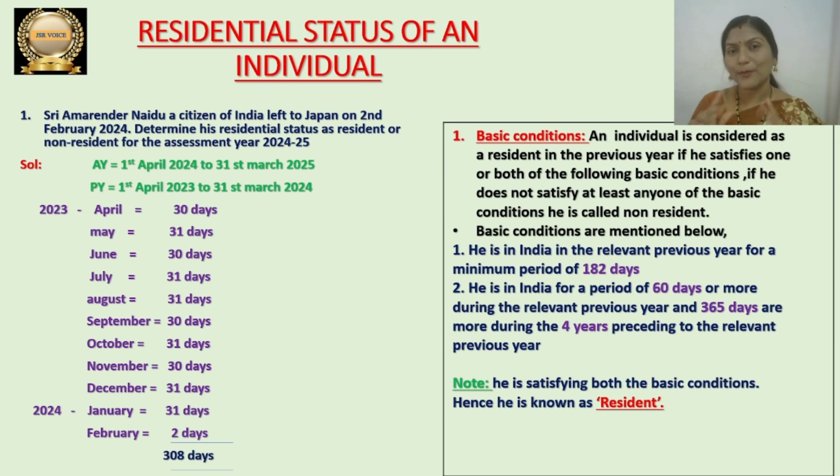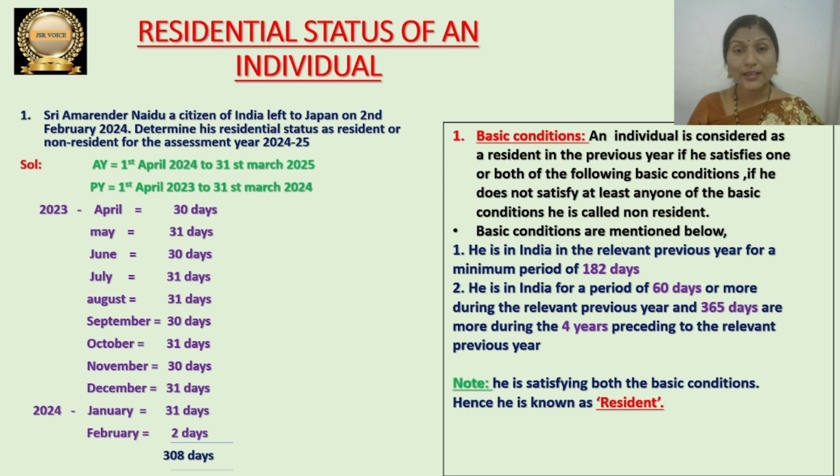we have to apply basic conditions. There are two basic conditions actually. If we apply them, we can decide whether he is a resident or non-resident. How can we decide? We have two basic conditions, no? If he satisfies at least one basic condition or two, then we can call him a resident.